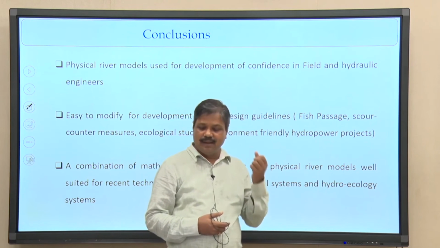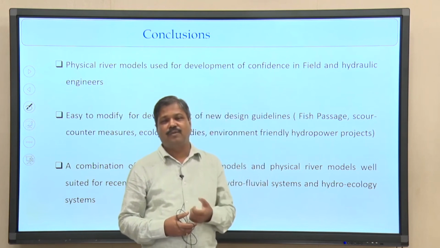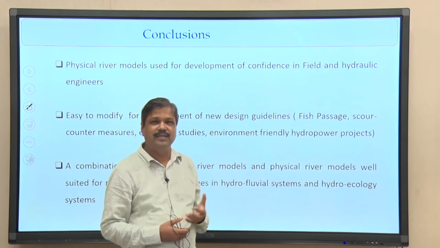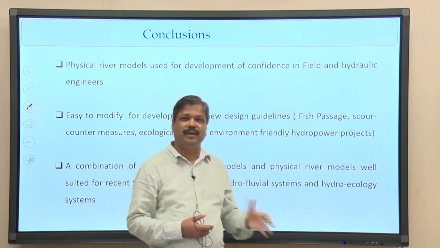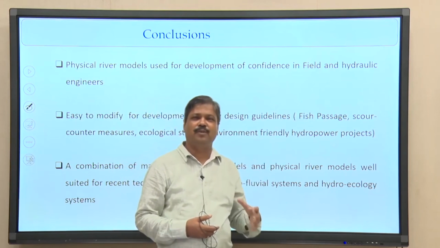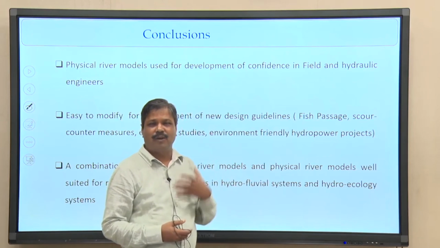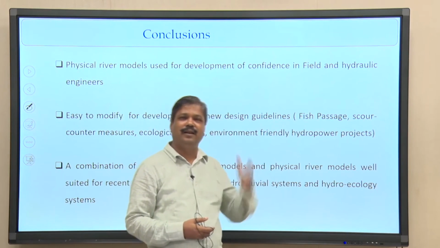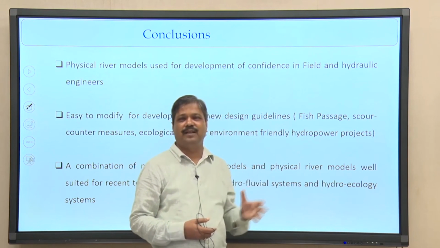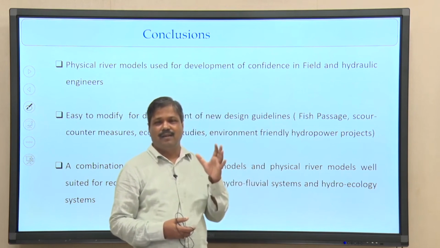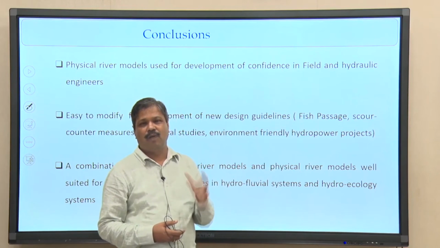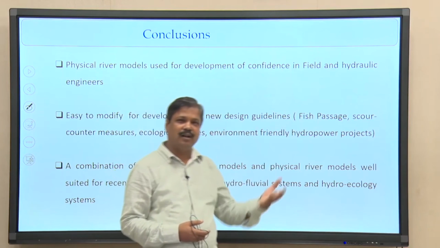That is why it gives a lot of confidence to hydraulic engineers before implementing the project. For most big projects, such as the Kosi barrage project or any project implemented in our country, we always do physical river models at the Central Water and Power Research Station in Pune or other places.